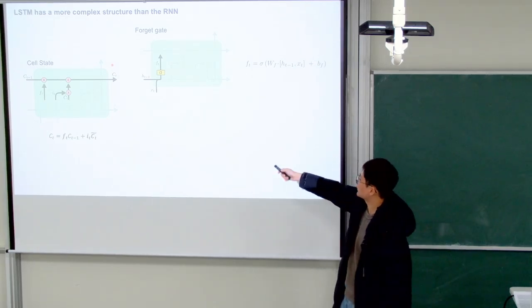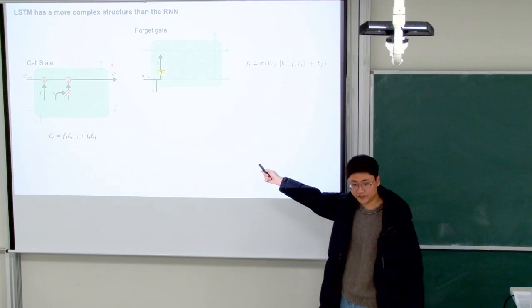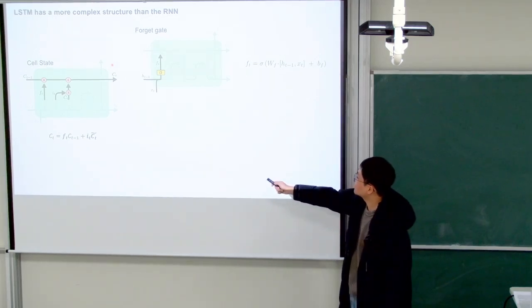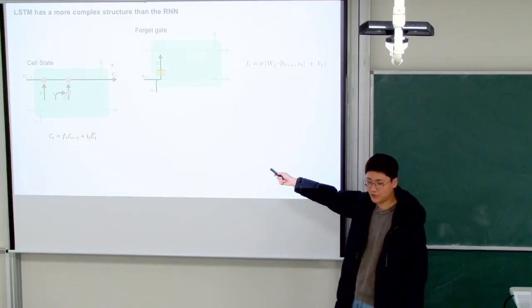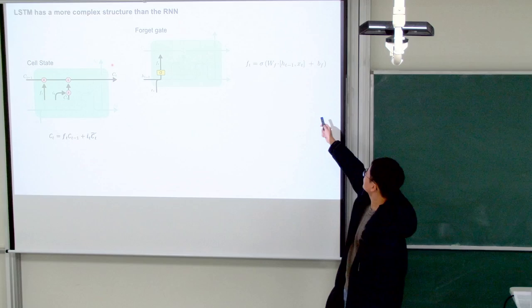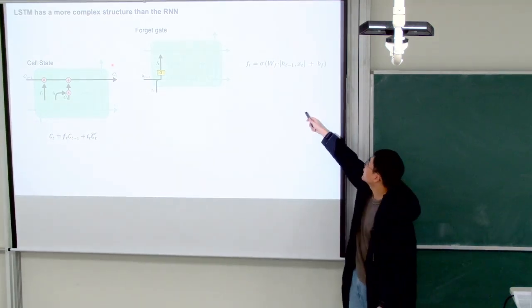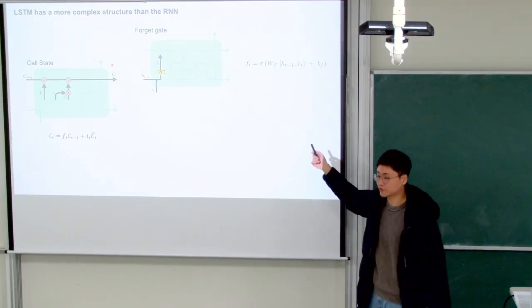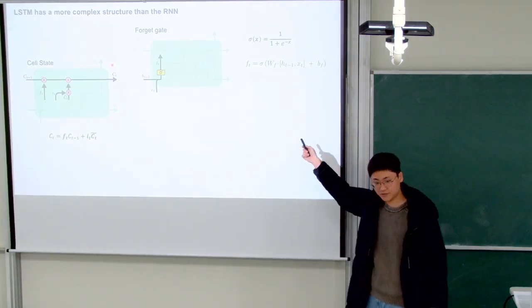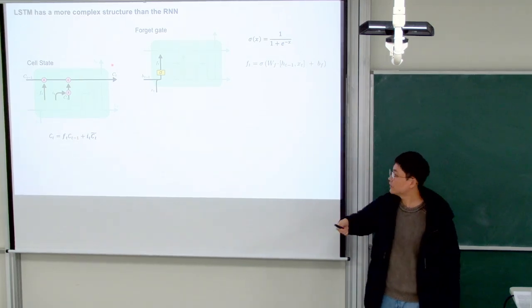So let's see forget first. The F_t value here is determined by the current input and previous output, plugged into a basic neural network structure, and then we apply a sigmoid function. The sigmoid function is this, which means the value will be between 0 and 1.